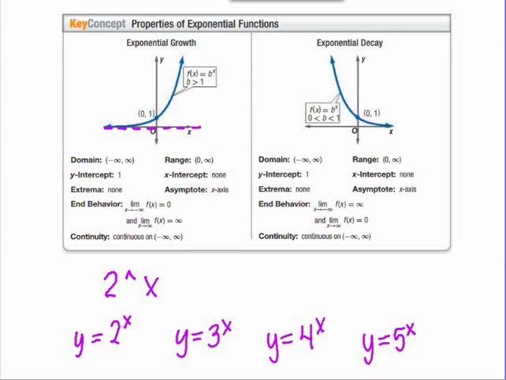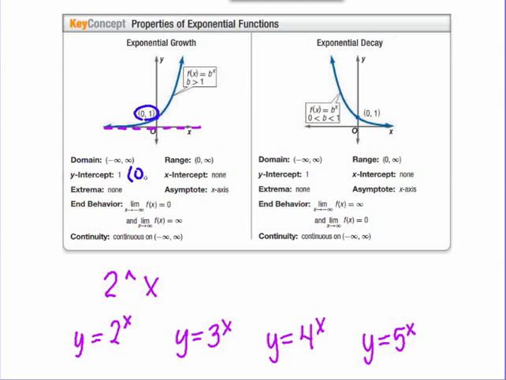Usually is 1. What's another way to write the y-intercept? I've said y-intercept is 1, but there's also another way I could write it. It's right here. Oh, 0.